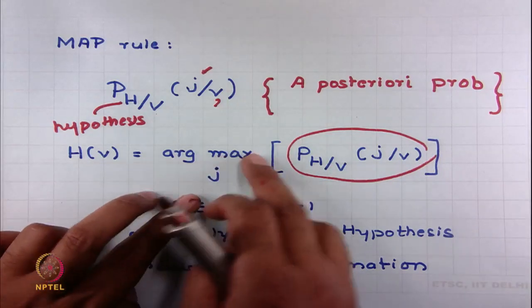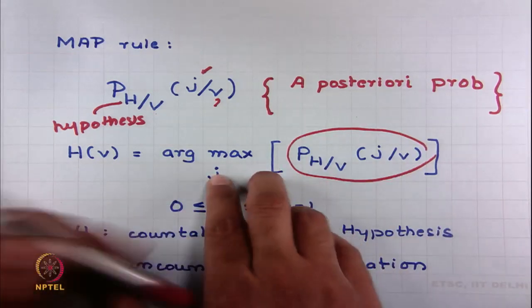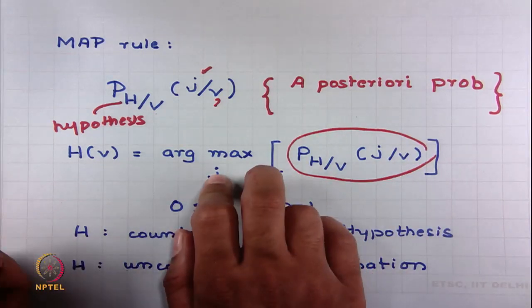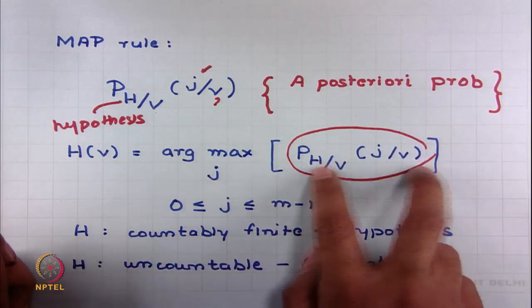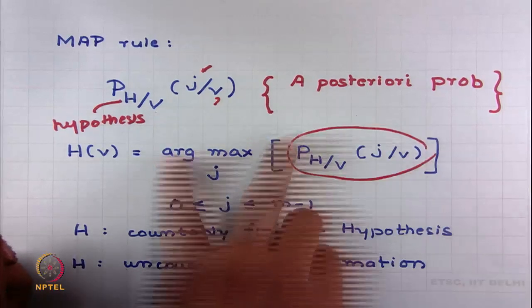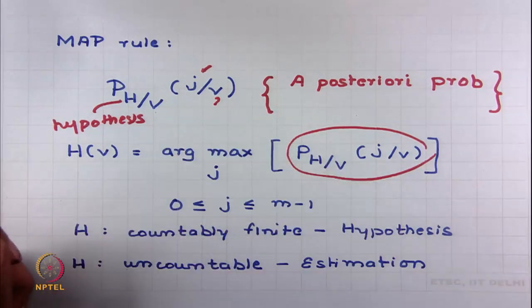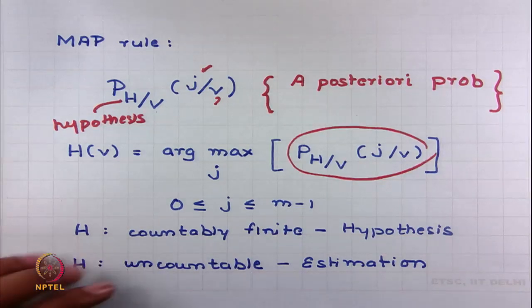So, arg max simply means that I want to find the argument for which this a posteriori probability is maximum. The outcome of this would be a hypothesis which maximizes the a posteriori probability. This is the MAP rule.